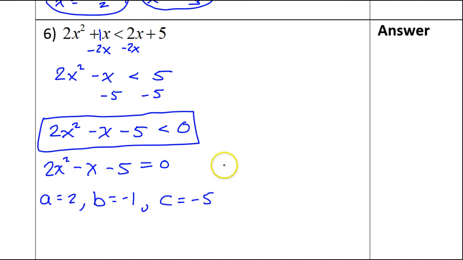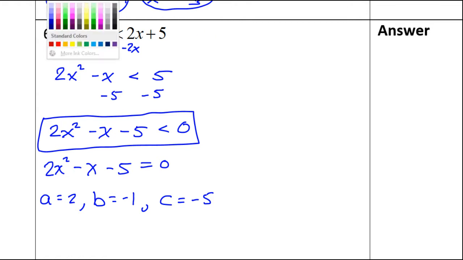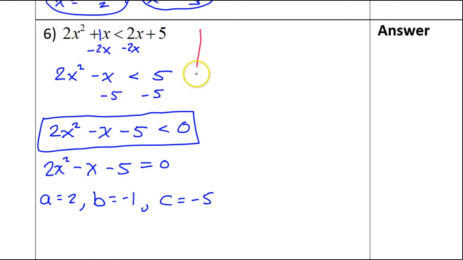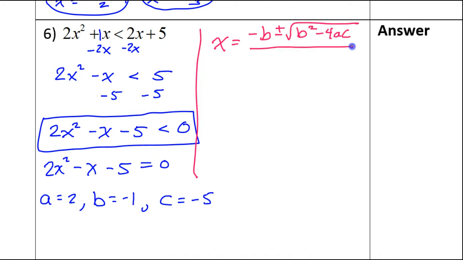That's my A, B, and C. Now with that in mind, the quadratic formula goes like this. x is equal to the opposite of b plus or minus the square root of b squared minus 4ac all over 2a. I'm really going to be just substituting these values into the quadratic formula.